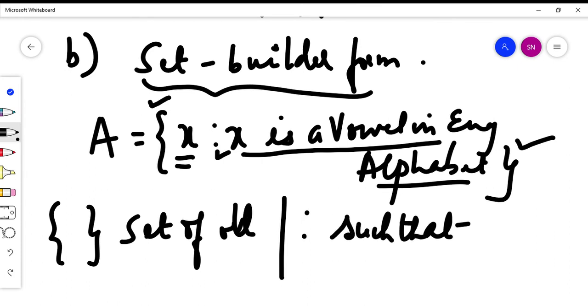Colon represents such that. So it is read as set of all x such that x is a vowel in English alphabet.